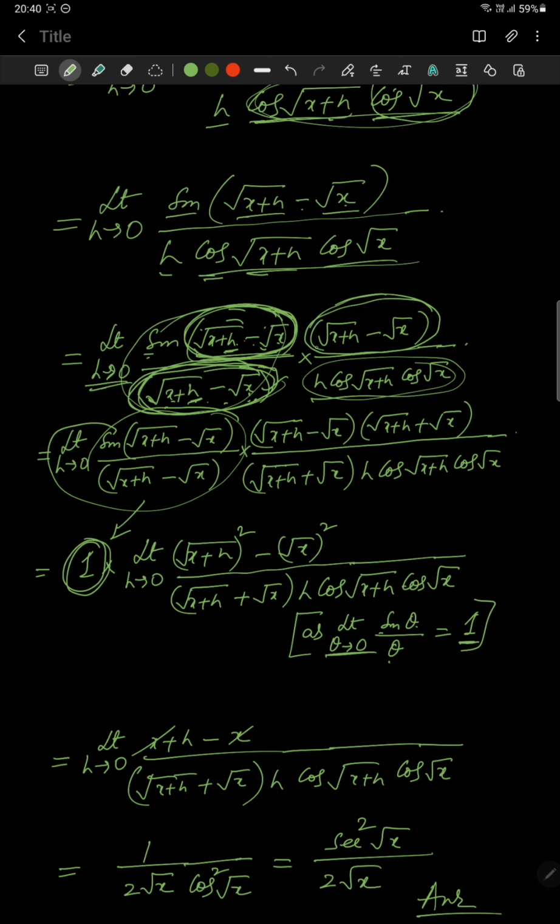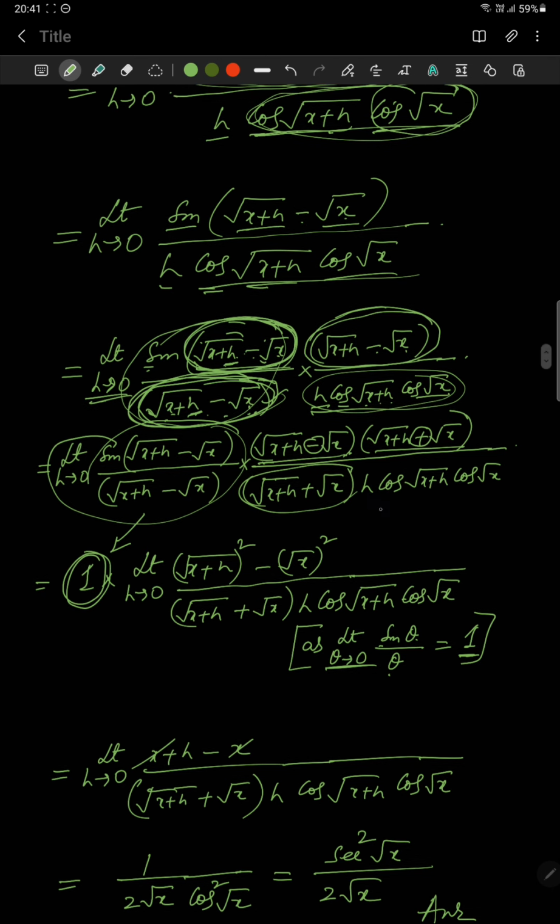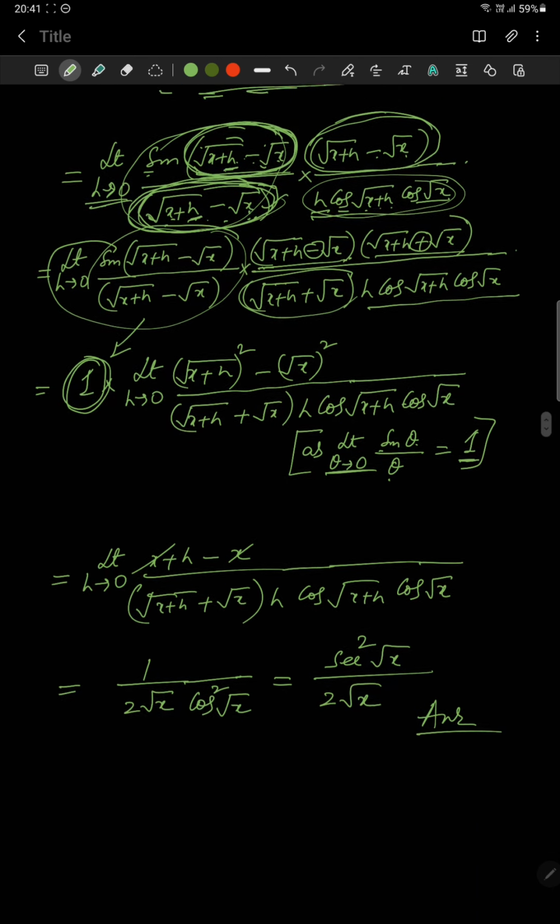After that you can see that root over x plus h minus root over x is rationalized by multiplying the same quantity over here. The difference is, in place of minus we have written plus. Alright, so in the numerator and denominator both the same quantity is multiplied, and h multiplied by cos root over x plus h, cos root x is copied as it is.